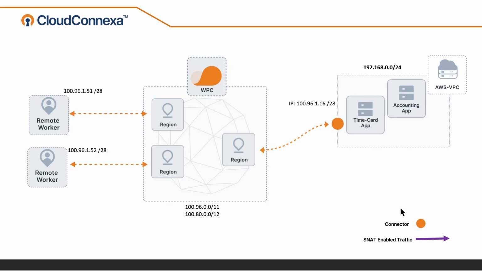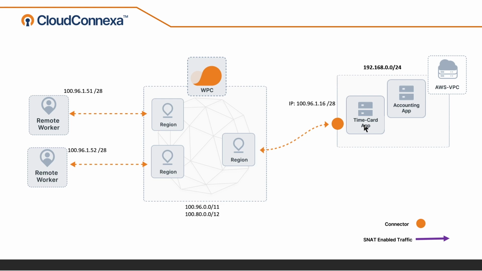So if you look at this diagram, we can see our remote workers would each have their own IP addresses when they connect to CloudConnexa, and our resources are sitting on AWS. So when these remote workers connect to our resources, and if we scan the network, we can see their local IP address, or the CloudConnexa local IP address.